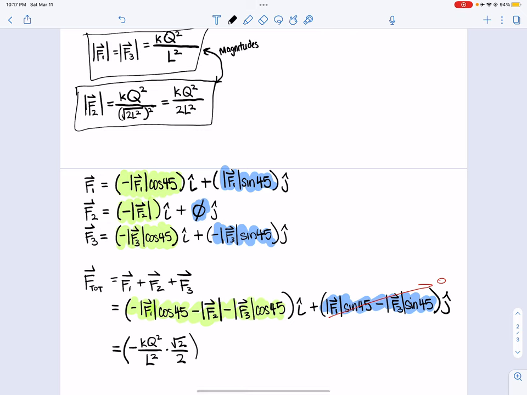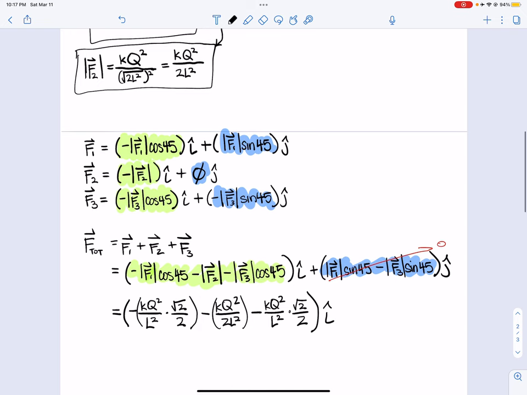Okay. So that is my first term, minus the magnitude of F2, that is kq squared over 2L squared. That's my second term. And my third term is minus magnitude of F3, which is also kq squared over L squared, and cosine of 45 is square root of 2 over 2. And this is all in the i hat direction, right?